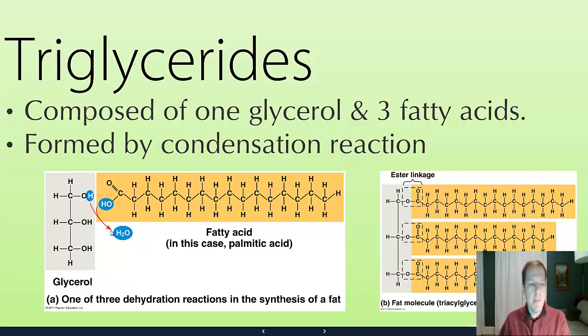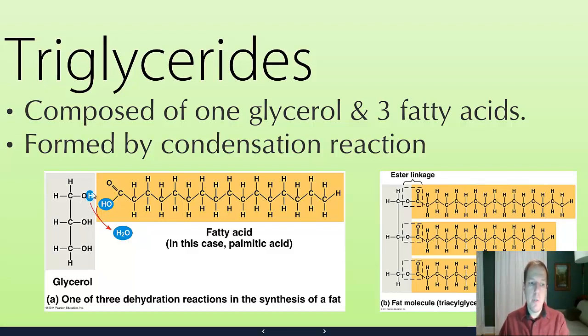You can see here on the left we have an example of a monoglyceride. There is a single fatty acid, and you can see that there is the hydroxyl group, the oxygen and the hydrogen, at one end of that fatty acid. Likewise, the glycerol has three carbons, each of which has a hydroxyl group.